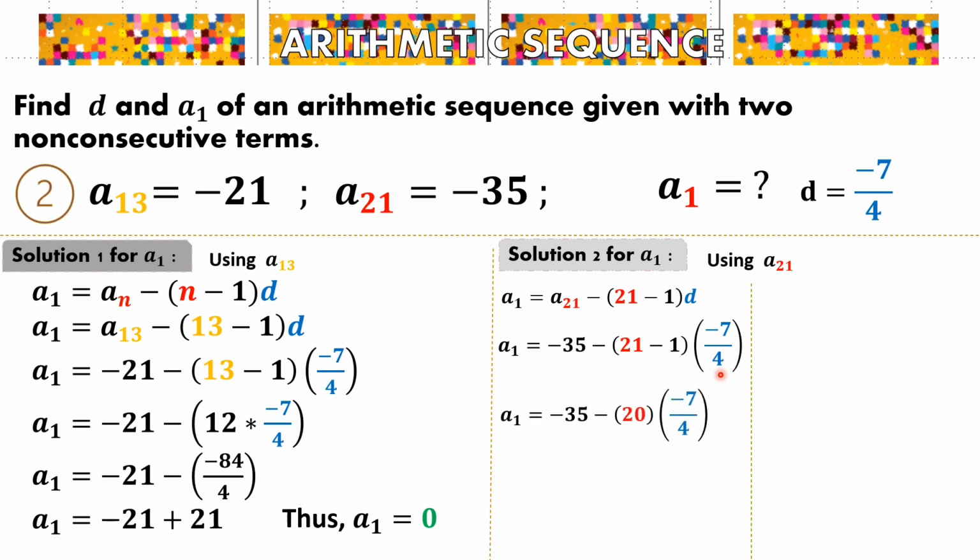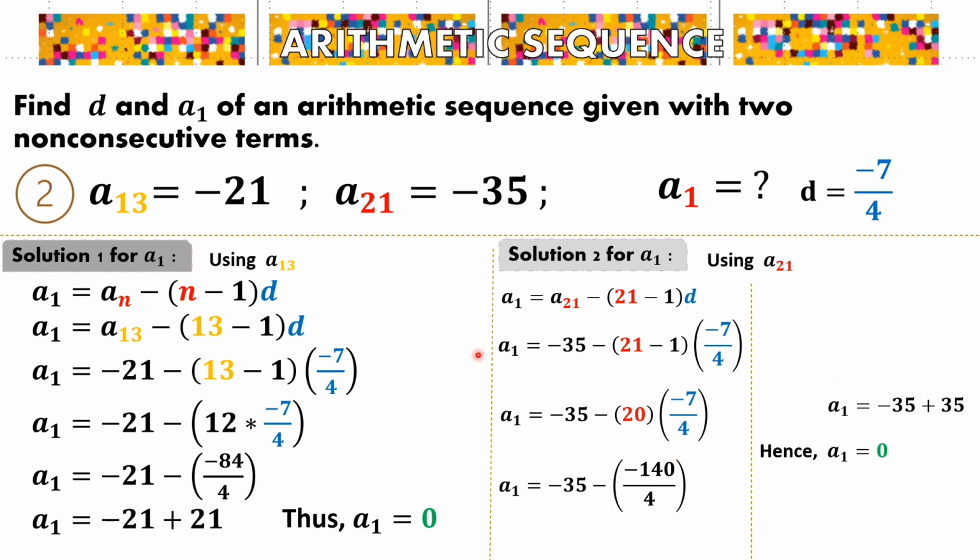Performing the operation, so 21 minus 1 is 20, times negative 7 is negative 140 over 4, and that is negative 35, and then negative 35 times negative is positive 35, and that is a sub 1 is negative 35 plus 35 is equal to 0.